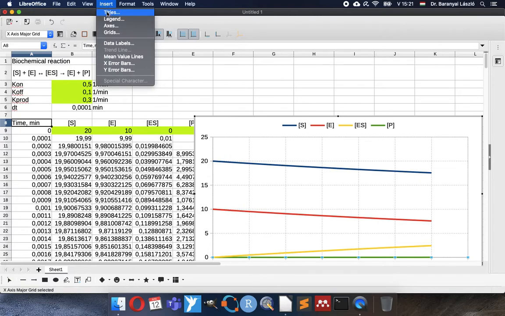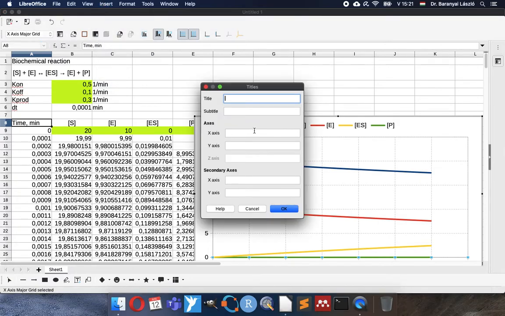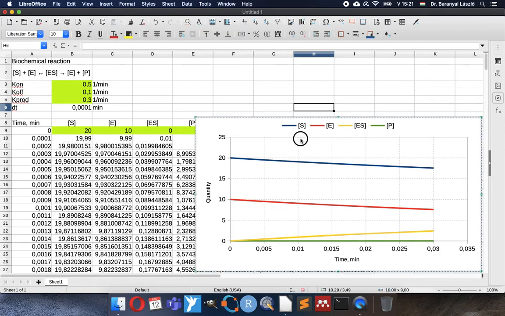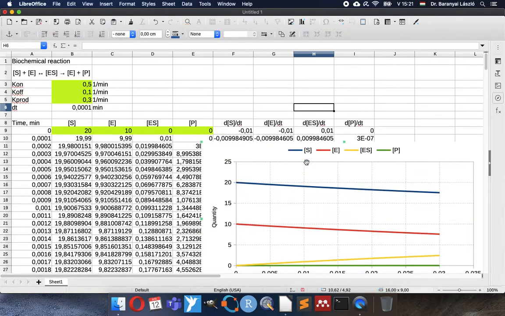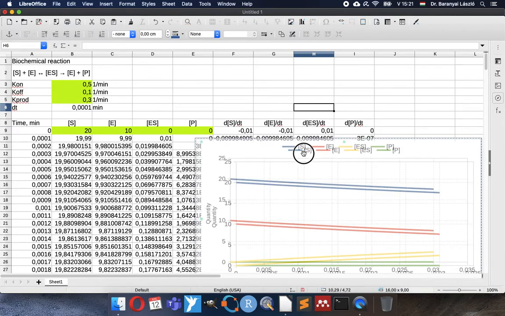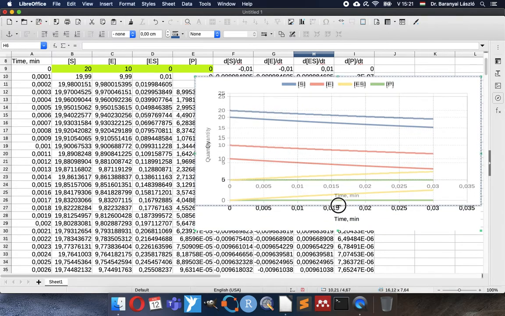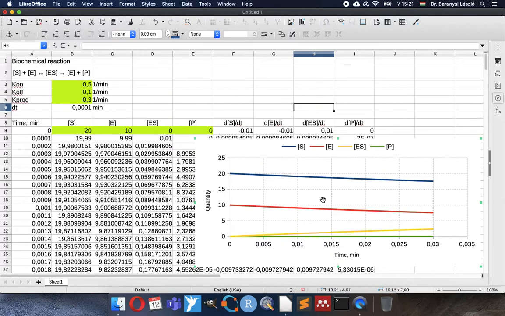And now the titles, the x-axis will be simulation time in minute, and on y-axis we have the quantity of several things. We have 4 charts basically in one place. I would like to move it a little bit down to be able to see the chart on the screen. I will make it a little bit smaller to fit the screen.